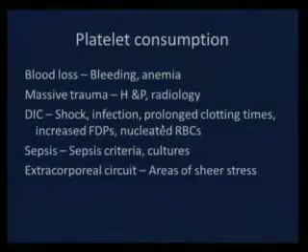There will be an increase in fibrin degradation products. Patients may have nucleated RBCs on peripheral smear. So remember, disseminated intravascular coagulation is a common cause. Sepsis. Now the sepsis criteria, we have already spoken about that. There is an extracorporeal circuit, so we have to identify if the patient is on such a circuit, are there any areas of stress which is causing increased consumption of platelets? And if so, we can easily get rid of those areas.